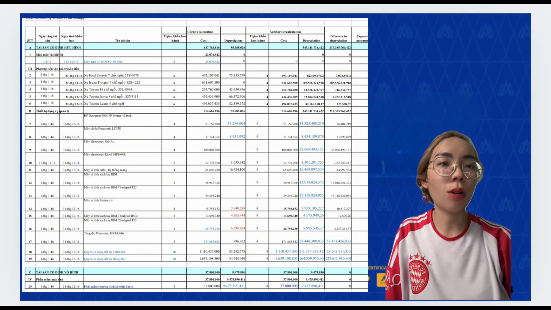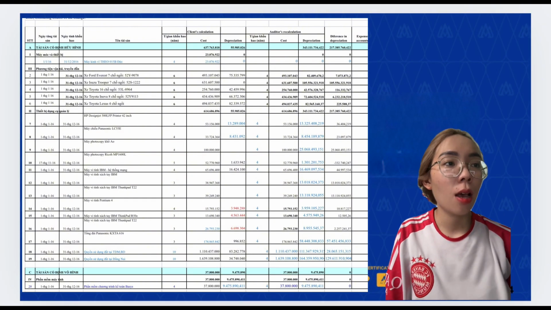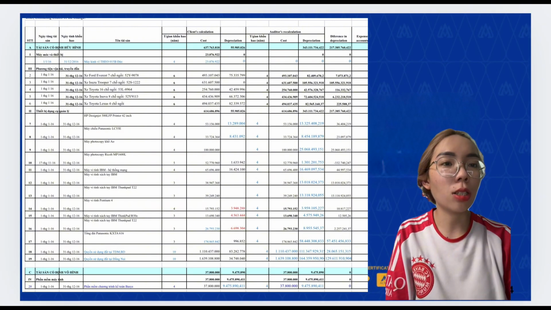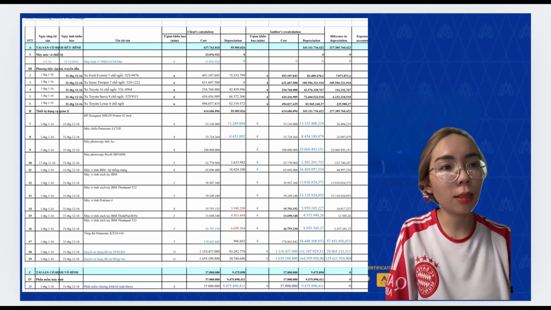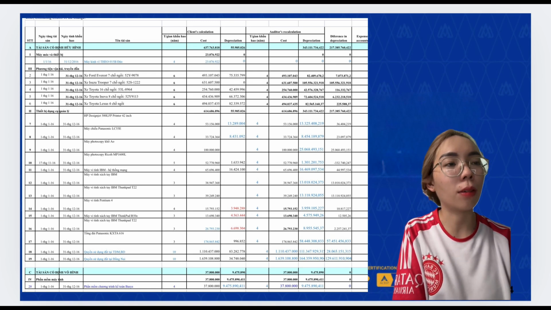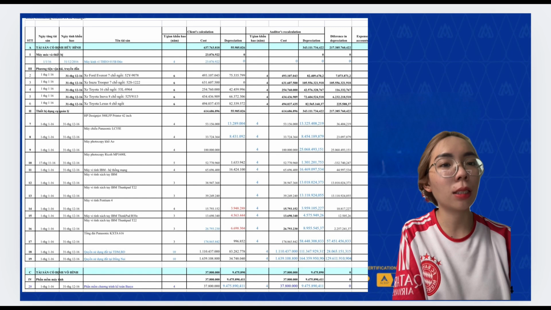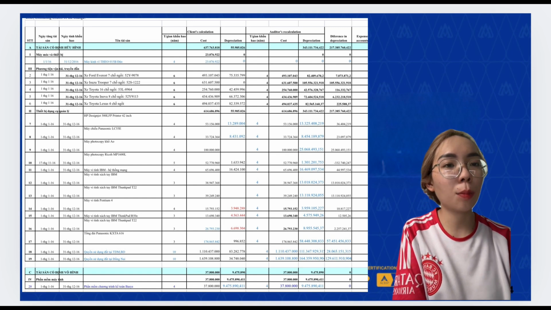The land use rights at Thủ Dầu Một, Bình Dương and Đồng Nai were both correctly recognized, but the auditor applied a different amortization method, so it caused a depreciation difference of 28 million and 129 million respectively. The next part is intangible fixed assets, that is one item.